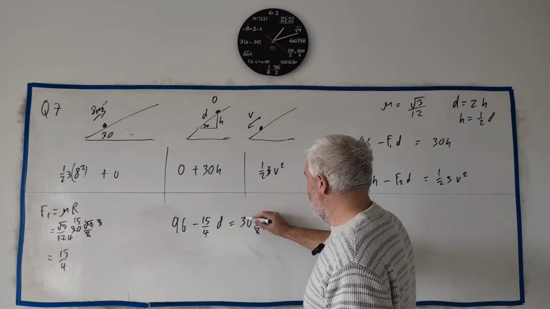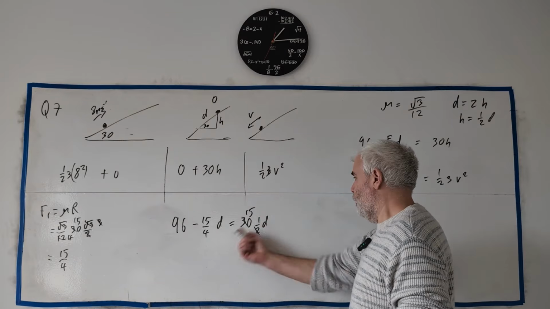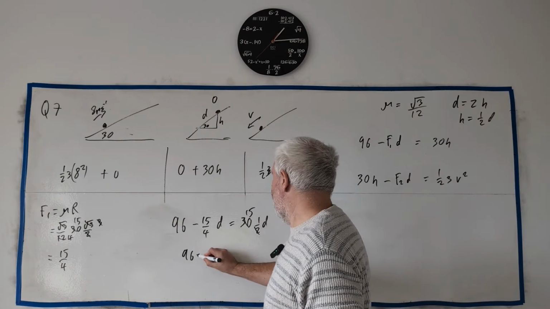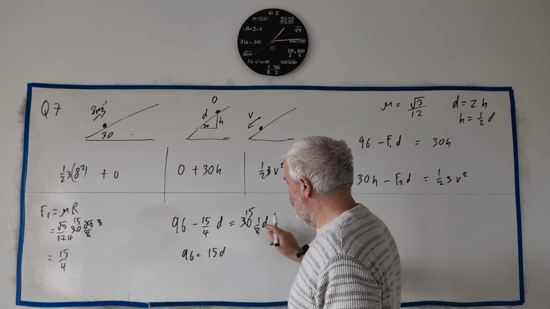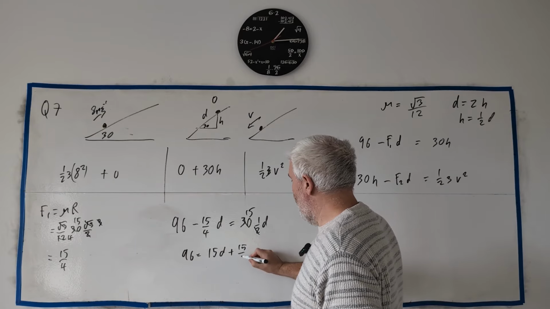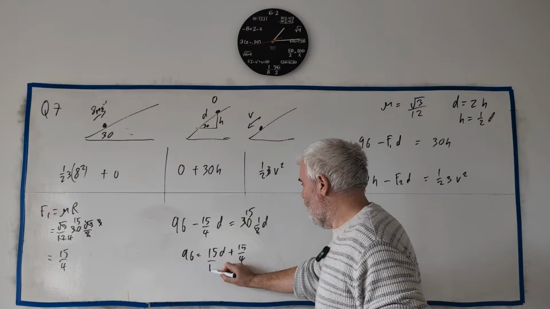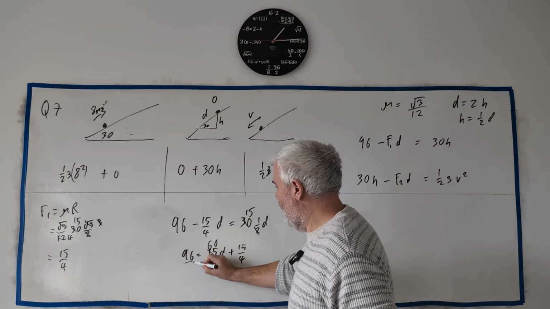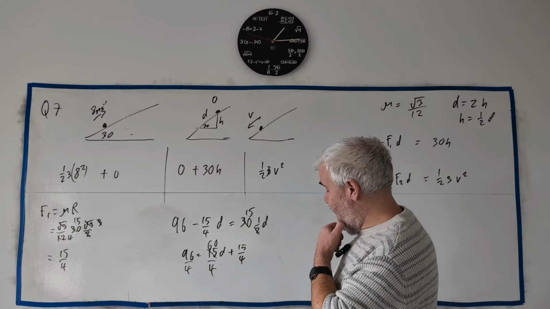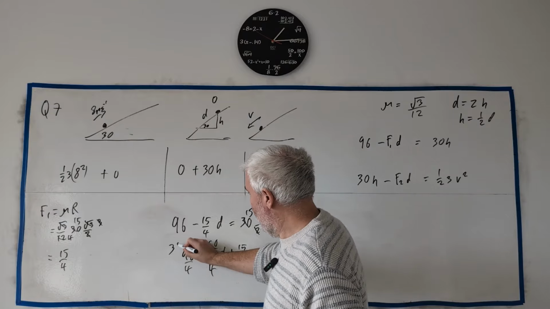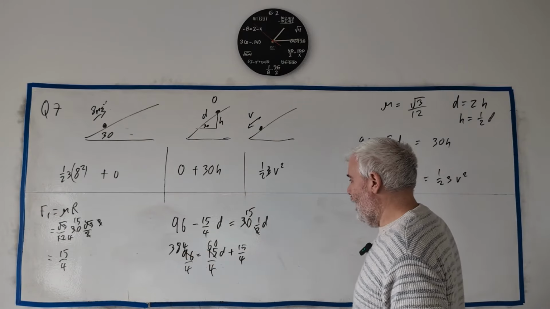Let's see, 2 goes into this 15. So move all the D's over, we'd get 96 is equal to 15D, that's here, plus 15 over 4D. Get everyone over 4, that'd be a 60. That's 384, I think.